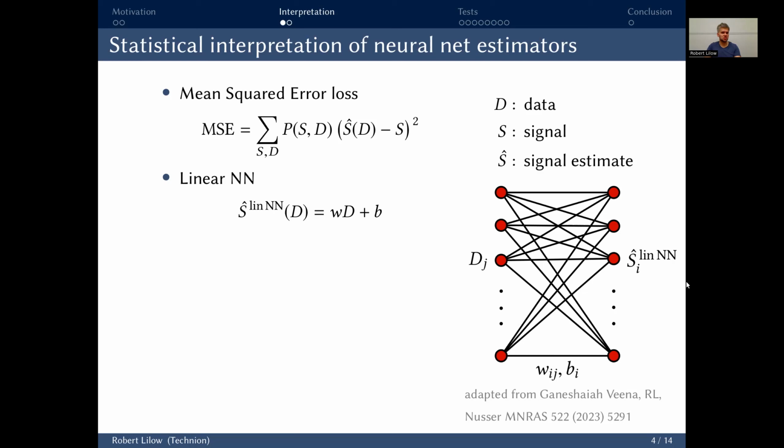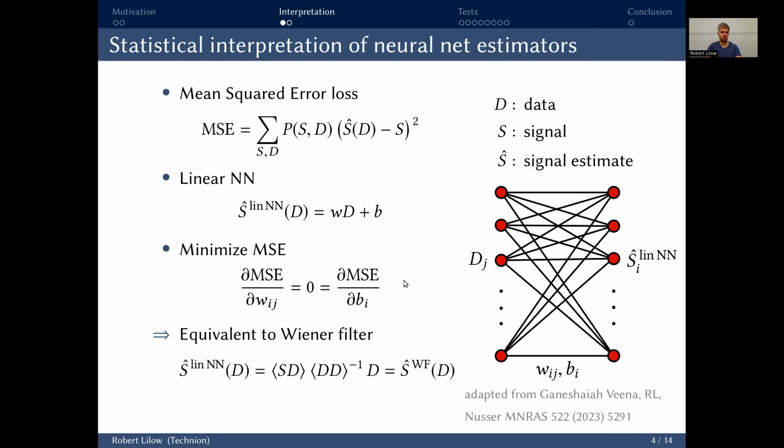Now, if you look at the simplest neural network first that you could imagine, just an input layer and an output layer, say galaxy number counts and velocities, connect all of them just in a linear fashion with weights and biases, so the whole network just describes a big linear mapping, then it's a very simple task to find the values of W and B that optimize this loss function.